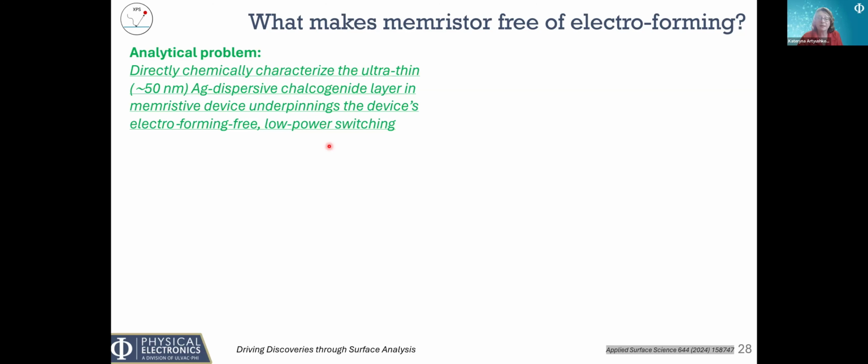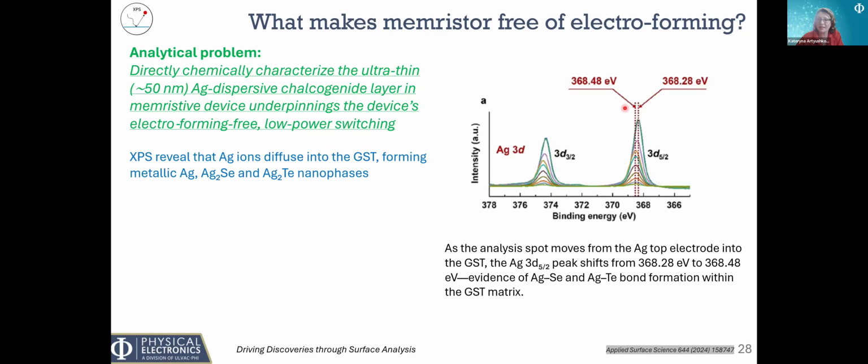But in this case, engineers created a material that did not need that step. So they're trying to study why that is happening. The silver electrode is deposited on top of this GST, which is a germanium selenide telluride layer.